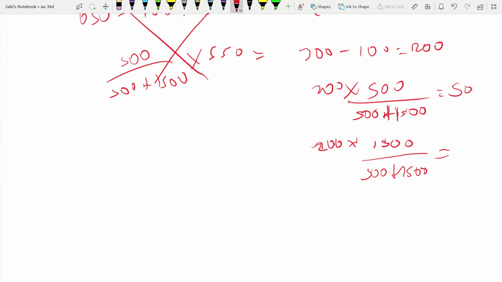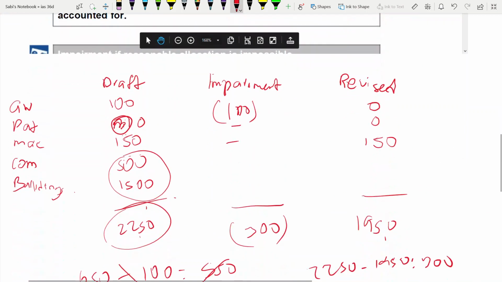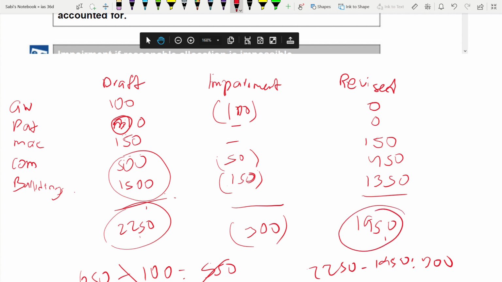It will be 150. So this is what you need to allocate here. 50 and 150. If you add up 100 plus 50 plus 150, it will add up to 300. So 500 minus 50 is 450. 1500 minus 150 is 1350.